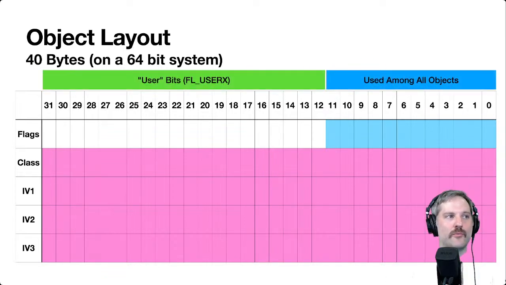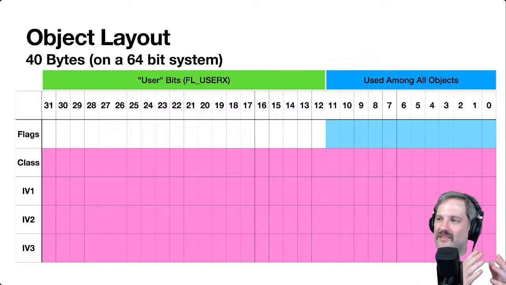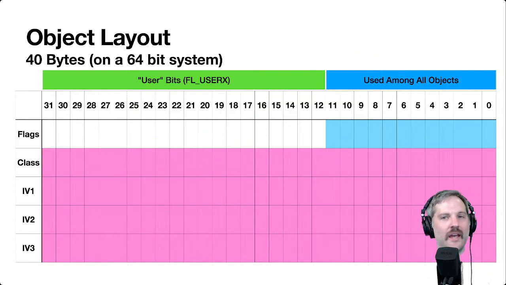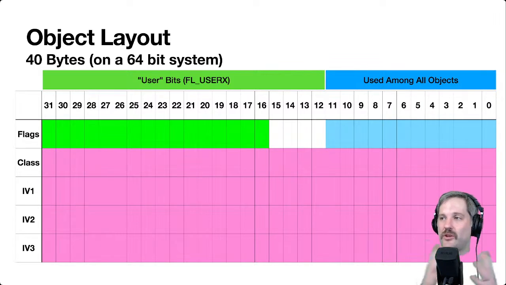Those particular bits are not used among all objects. These are user bits, and you can see them in the code because they're called FL_USER; FL_USER-X is the name of the macro in the C source code. Those are all available for users to use, and we decided to use the top 16 bits. We can't fit a pointer in there, but how many shapes is a system going to have, realistically speaking?